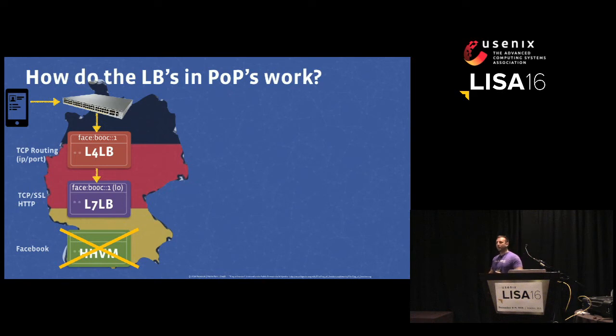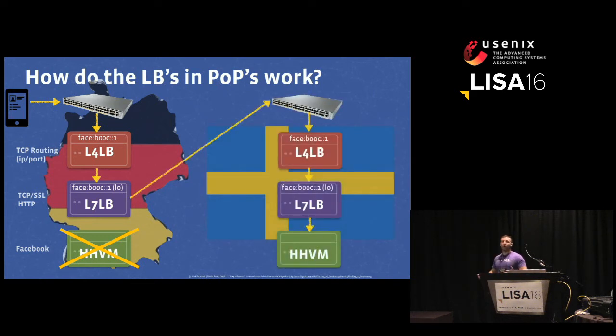So all these layer 7 load balancers are doing is terminating those requests and then proxying them back to our data centers, which are running the stack that we've already seen. The L7 load balancers in all of our POPs have pre-established HTTPS connections back to all of these. So all it's doing is taking the request, forwarding it on to the data center, getting that response back, and then sending that back to the client.